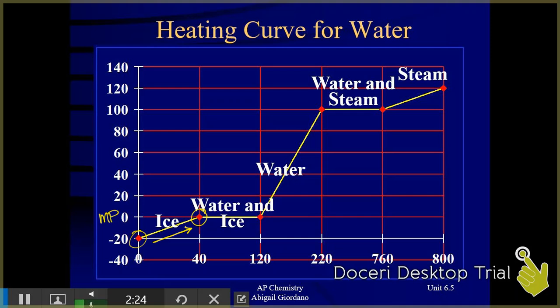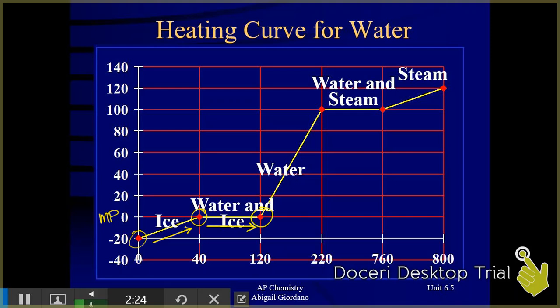And some of those intermolecular forces are going to start to be broken. Over the course of this stage right here, I want you to notice that the temperature remains constant the entire time. So what's going on during that period? The melting process is taking place. We're converting that solid block of ice into liquid water.